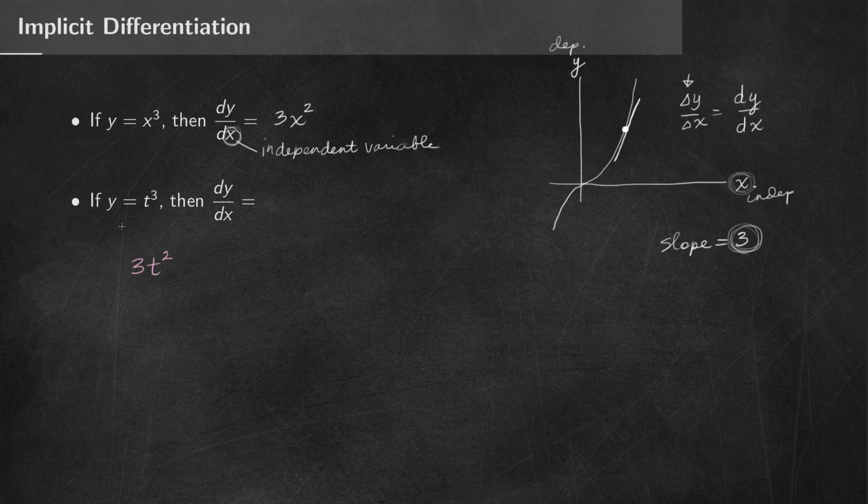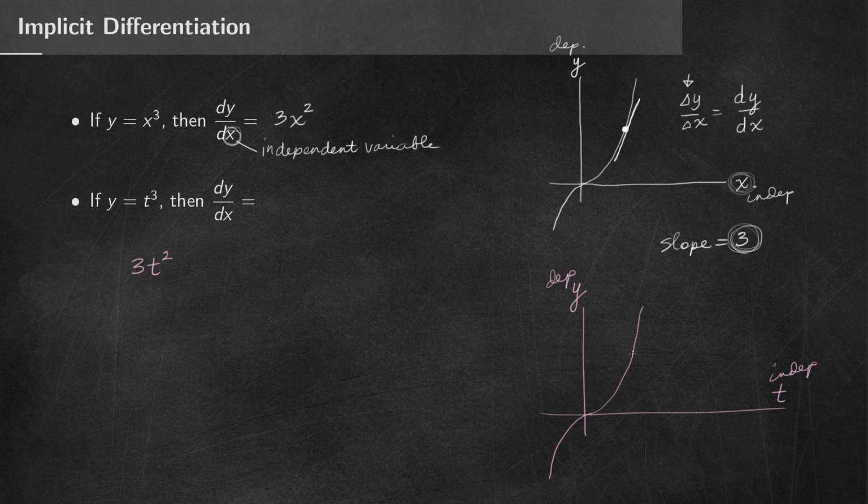If I were to graph y equals t cubed, here's y equals t cubed, but when I label the axes on my graph, it's not x and y, it's t and y. So y equals t cubed, my dependent variable is y, but my independent variable is t.